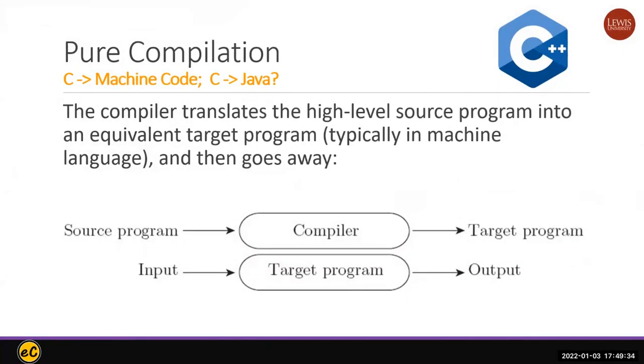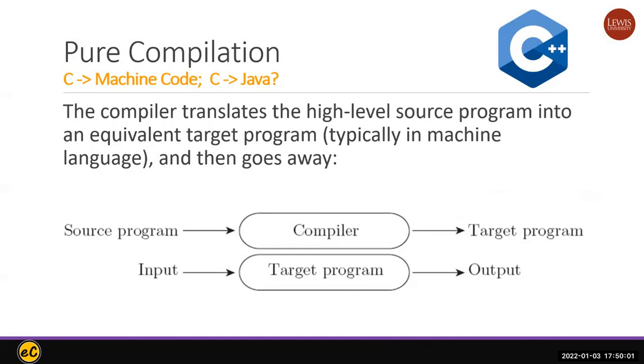Pure compilation. If your language is pure compilation, that means you just feed the whole program source code into the compiler, and the compiler will finish the translation and then provide the target code in a single pass. The compiler translates a high-level language from source code to an equivalent target code.